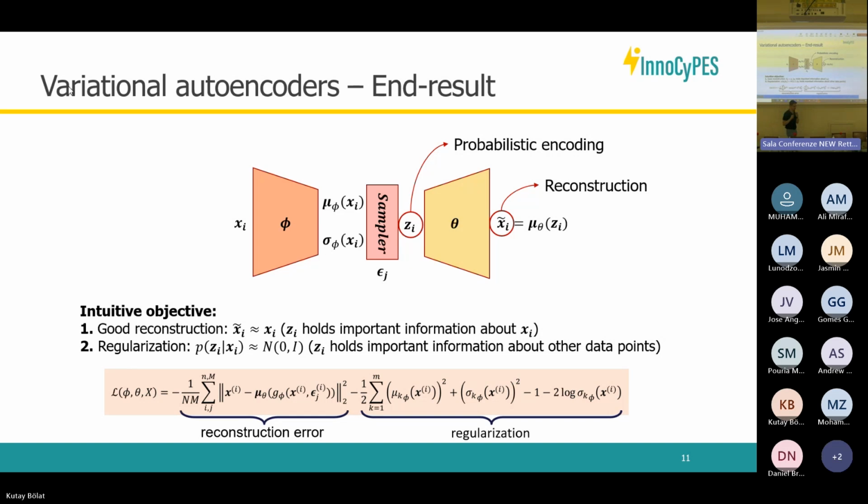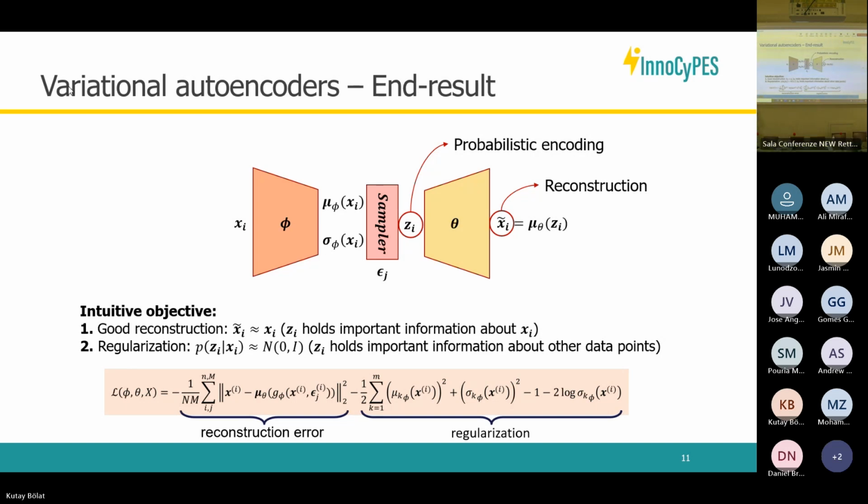It doesn't only hold information about that exact point, but also other points, hence the generalization, okay? Because if we didn't have this regularization, it would be a basic autoencoder. And the basic autoencoder means no generation, or data generation capabilities.